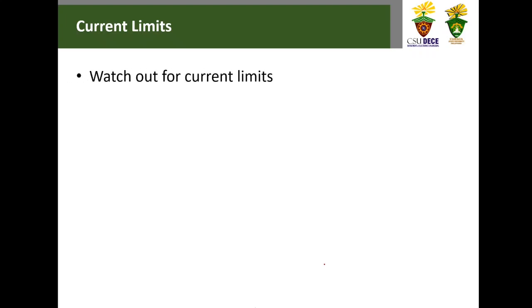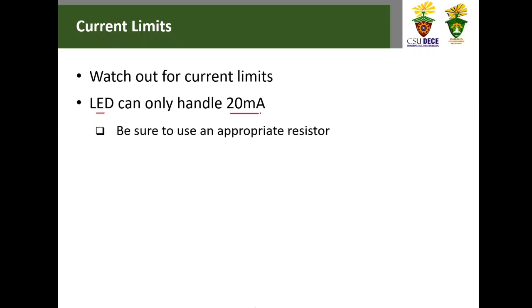For example, with an LED, we must make sure that the current flowing in the LED is around 20 milliamps. So if it goes beyond that, there is a tendency that the LED will burn out. So it can be overcharged. That is for the output side, or the actuator side.